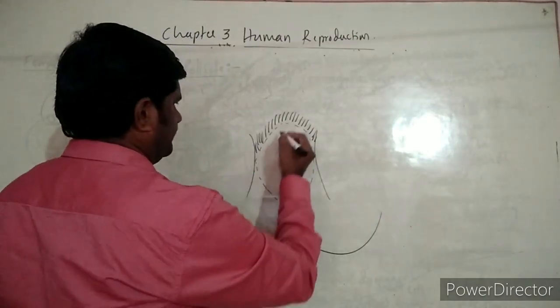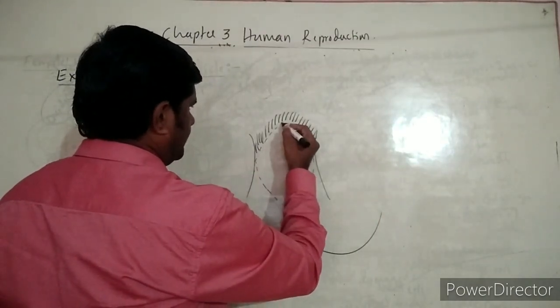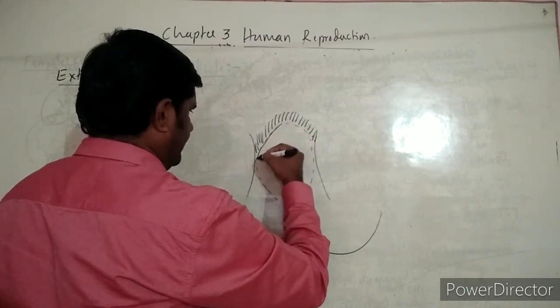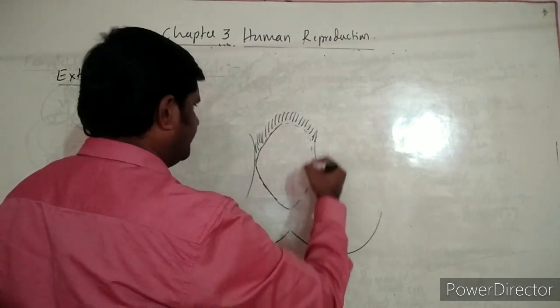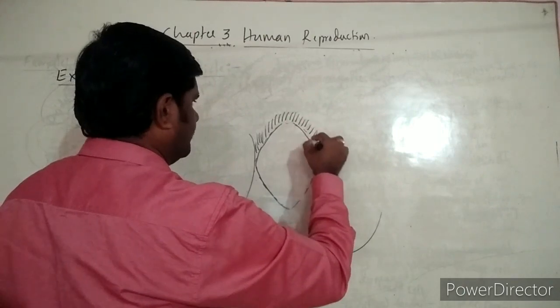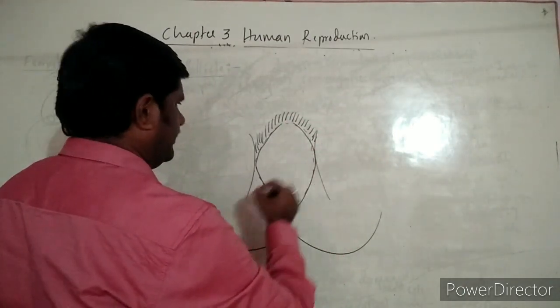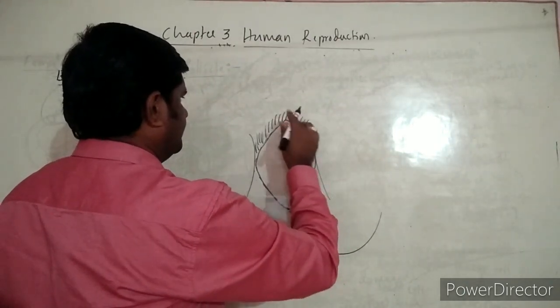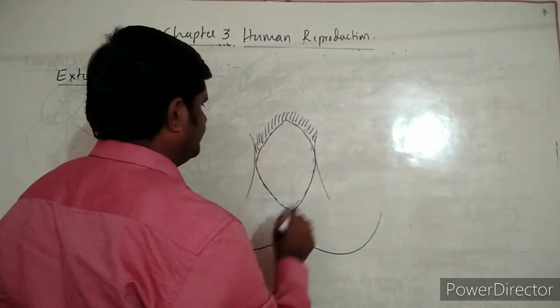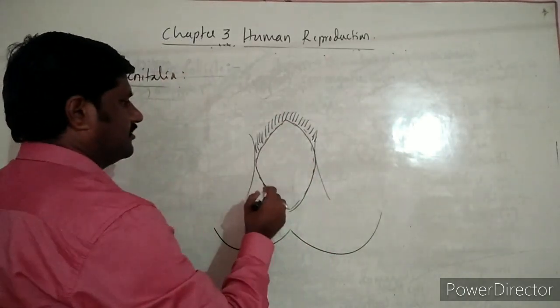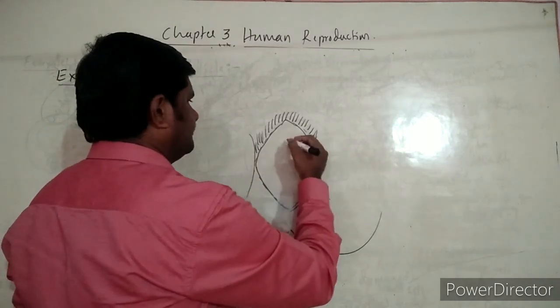So first one, and after this one, it contains two fleshy folds of the skin, right? And these are called as labia majora.